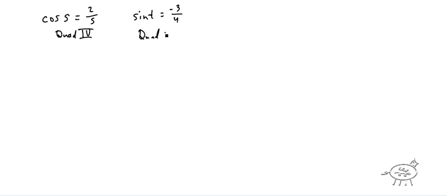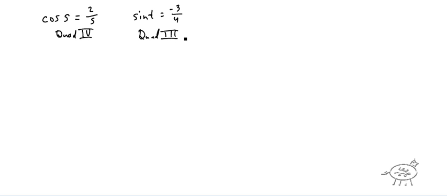So for example, if I have cosine of s is equal to 2/5, and s is in quadrant 4, and sine of t is equal to -3/4, and t is in quadrant 3.